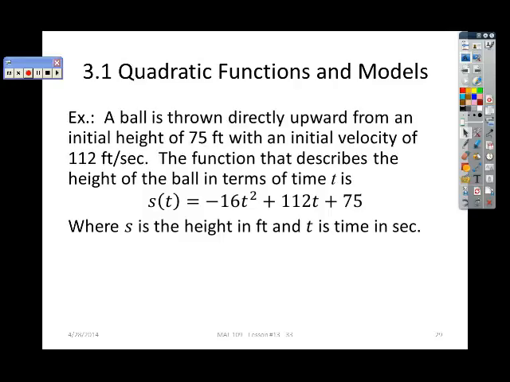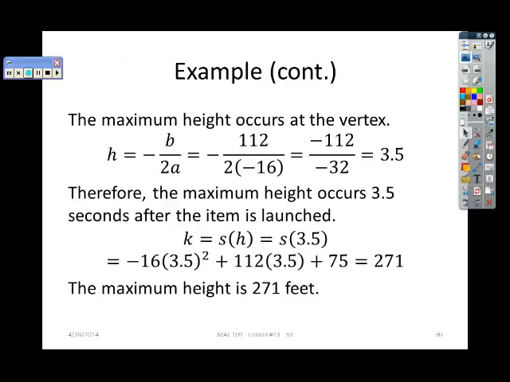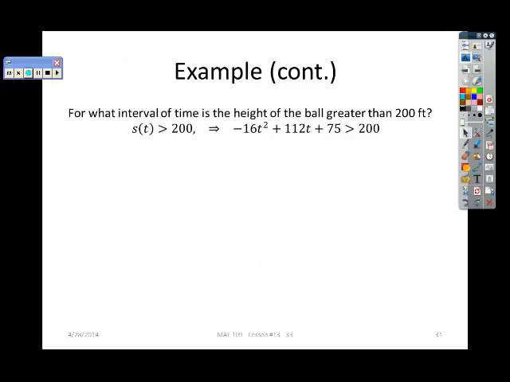Which one's height? S. So S is the height. And so we have height is greater than 200. Well, that doesn't help us much. But we have an equation that says what S of T is. S of T is this. So this has to be greater than 200.